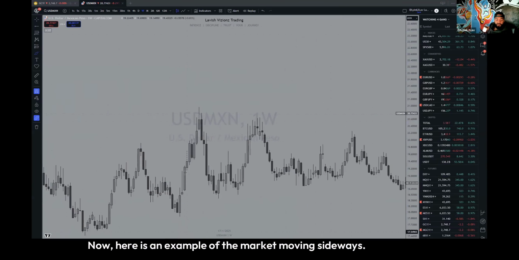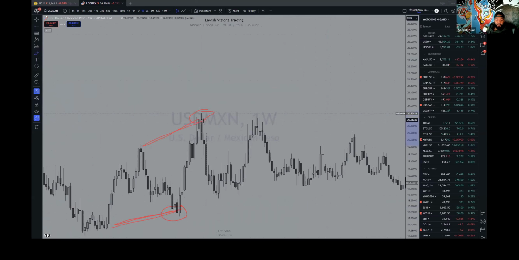Now, here's an example of the market moving sideways. From this point here to this point here, we can see what? We had a higher low and a higher high. After this higher high was made, price came lower, but we are above this low.